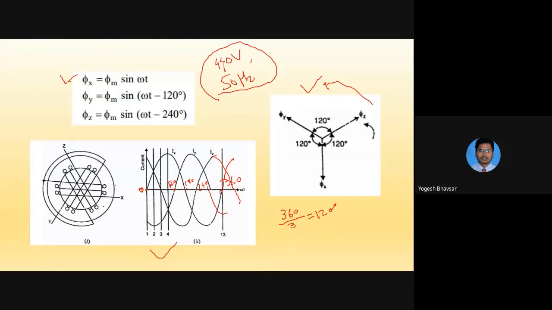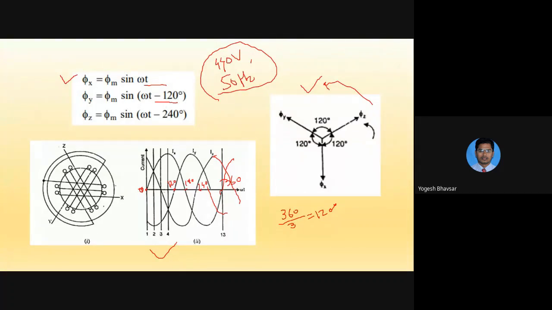Right? Now from this phasor diagram we can write the sinusoidal waveform equations. So this is the mathematical representation for this waveform. Phi x is equal to phi m sin omega t. Phi y is equal to phi m sin (omega t minus 120 degree). So this is starting from origin, so omega t plus minus, there will be 0.